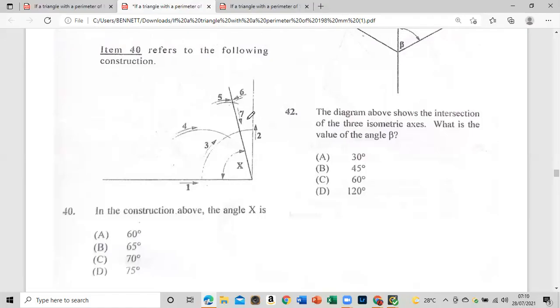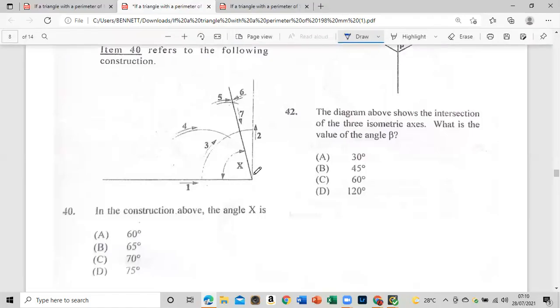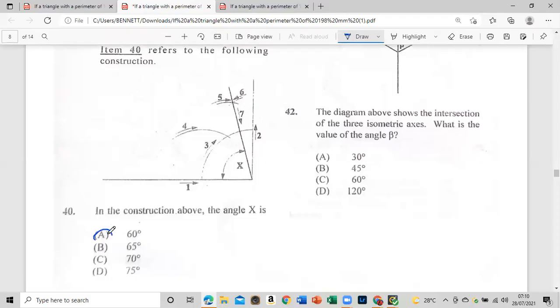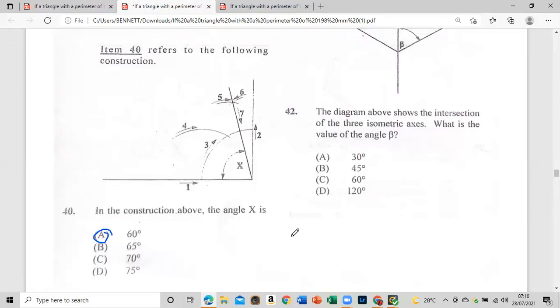All right, so I would say this right here is 90. So I'm going to go with 60 degrees. What do you guys think? This is not part of the answer sheet. I think she overlooked this page.